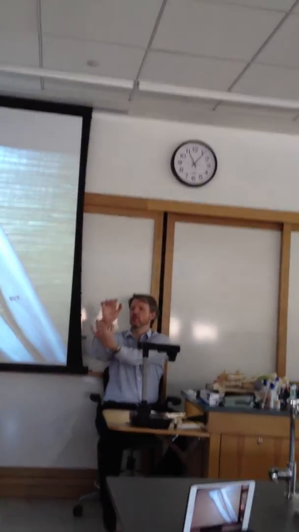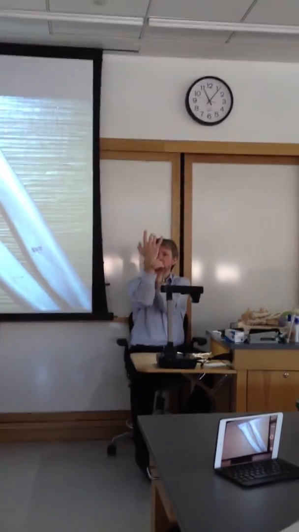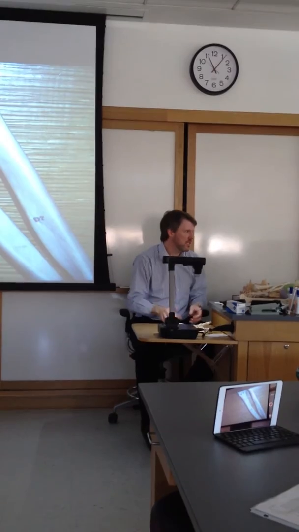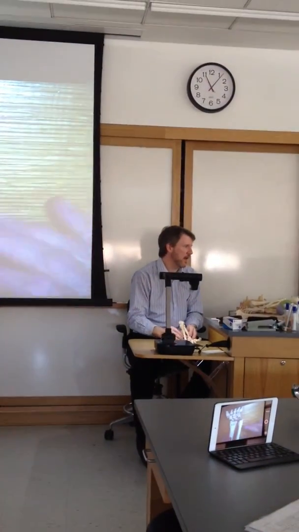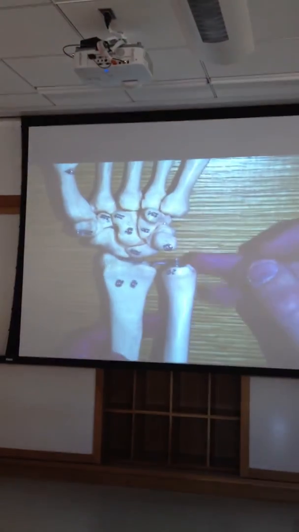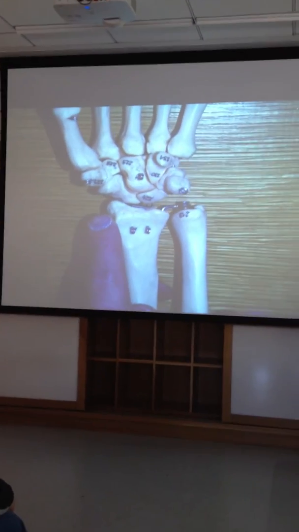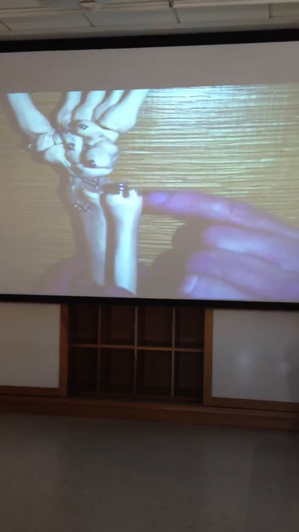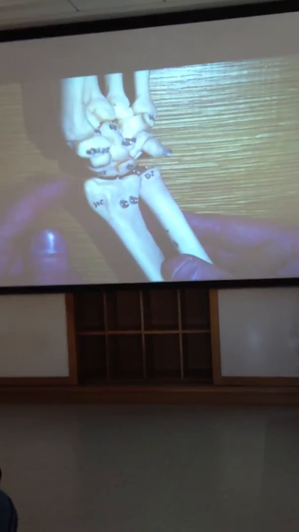When you feel those two bones on your wrist that are pretty prominent, like a bump on the back of your wrist, those are from the styloid processes of the radius and the ulna. The one that's lateral is coming from the radius, the one that's medial is coming from the ulna.